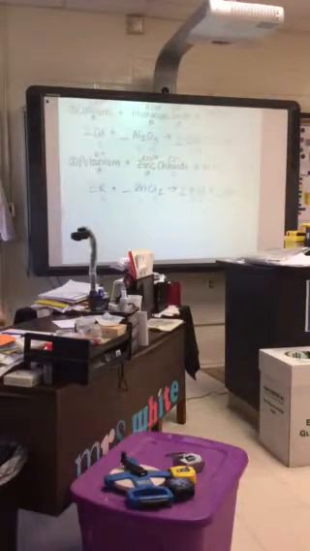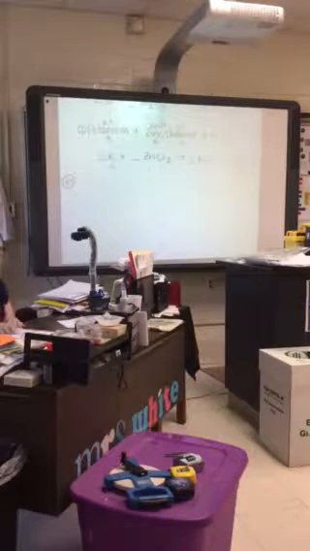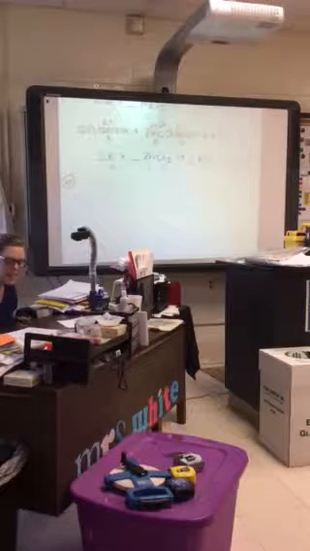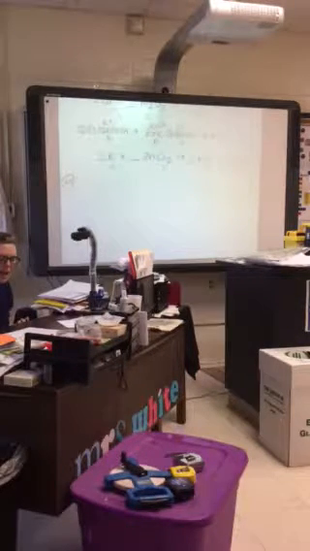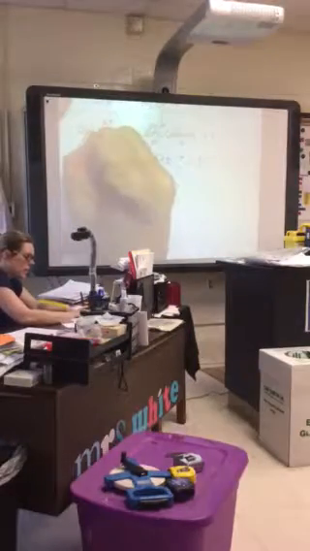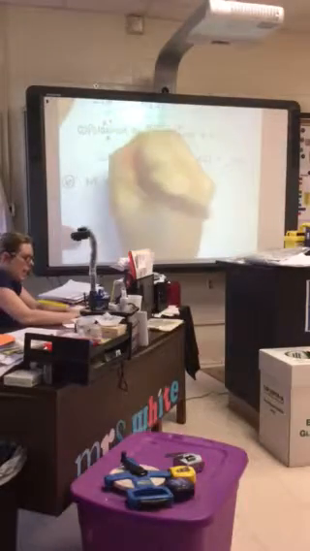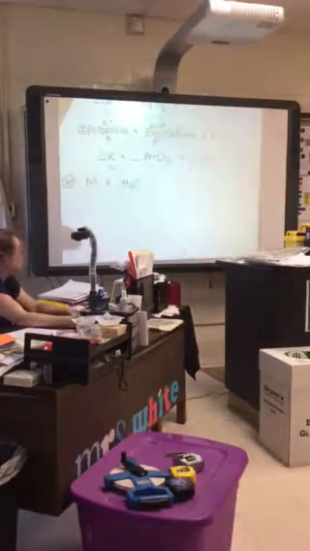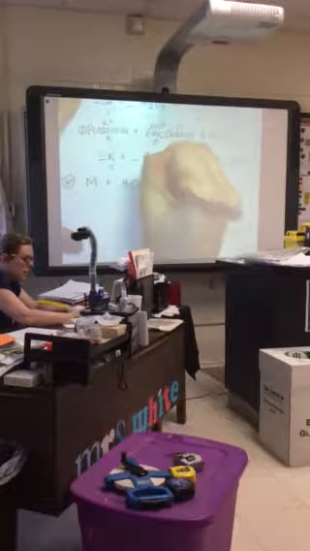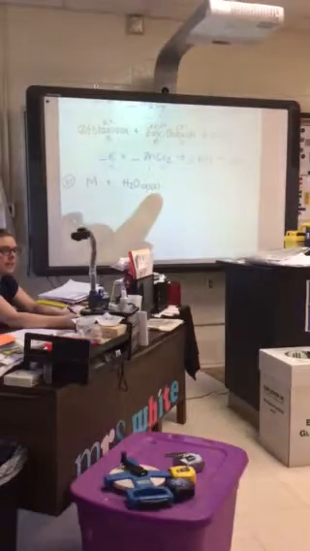Alright, type A single replacements. Let's look at type B. So B is an active metal, replaces hydrogen from water. So this one is a metal plus H2O. Alright, and on the H2O side, it's either going to tell you that it's a gas or a liquid.